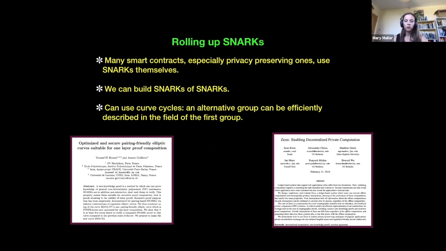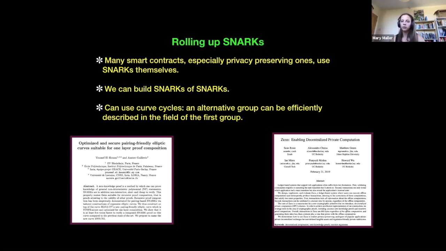So rolling up snarks is something that people have been trying to do in recent years. The idea here is that if you have some application that already uses snarks and you want to make that faster for people to verify, then you're not going to be able to do a snark on a statement about a group.